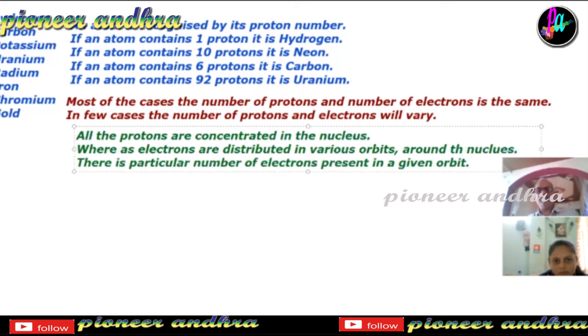There is a particular number of electrons present in a given orbit. There is a fixed number of electrons. Why is this so? There is a reason for that.